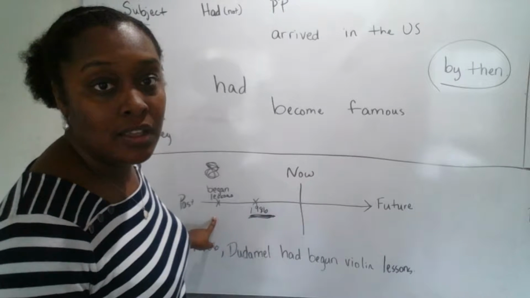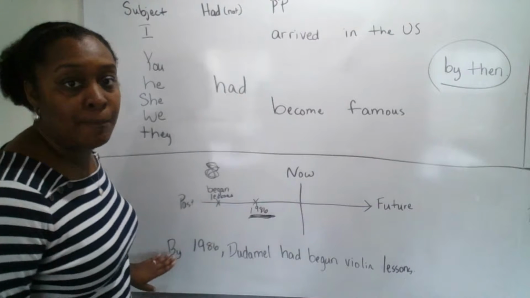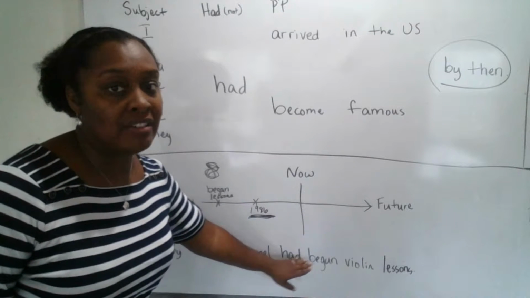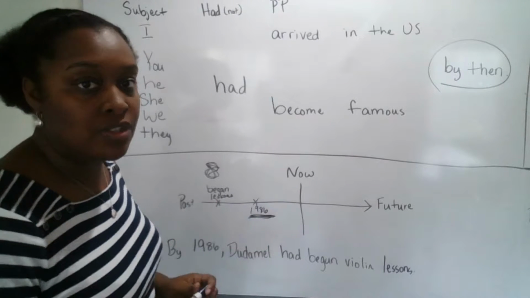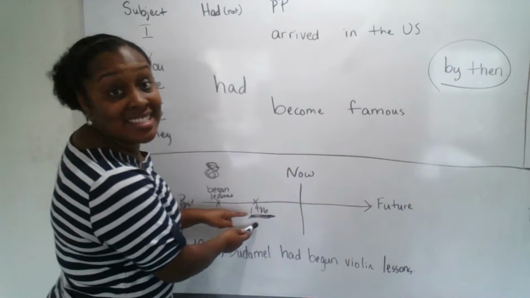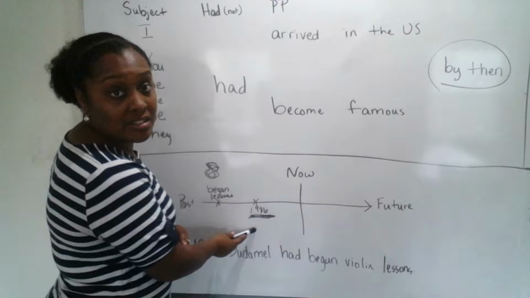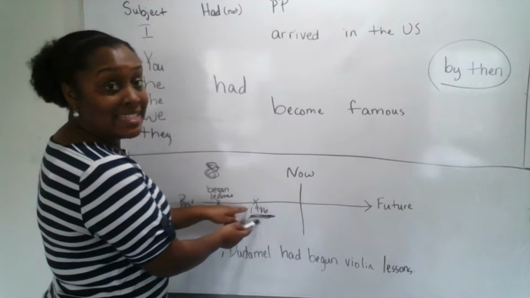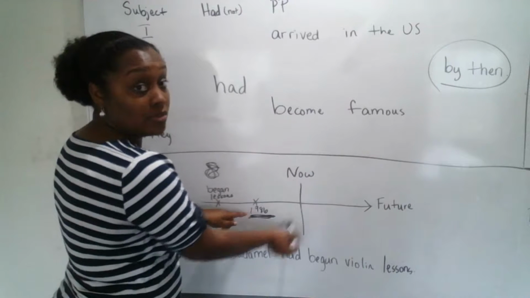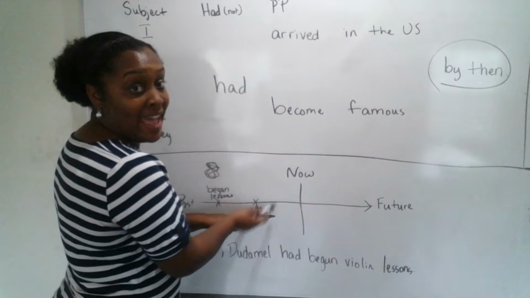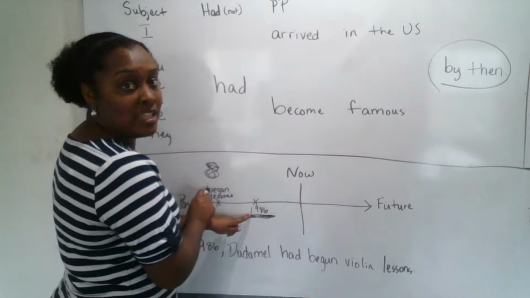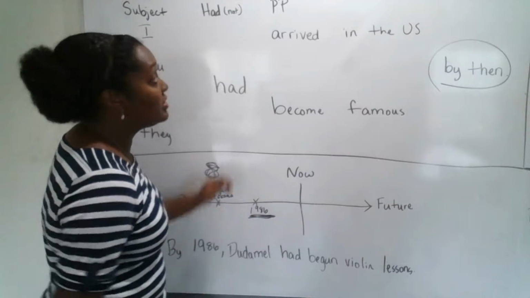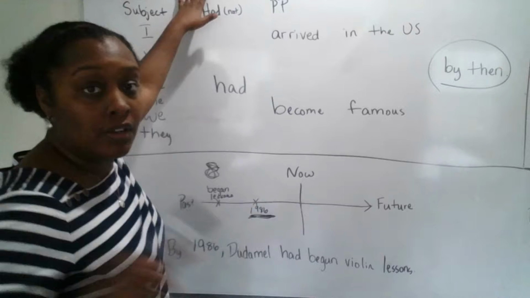Now the sentence is, by 1986, Dudamel had begun violin lessons. Let me explain this to you. 1986 is the second event on the timeline. So by 1986 in the past, Dudamel had already begun his violin lessons. That is how we use the past perfect.